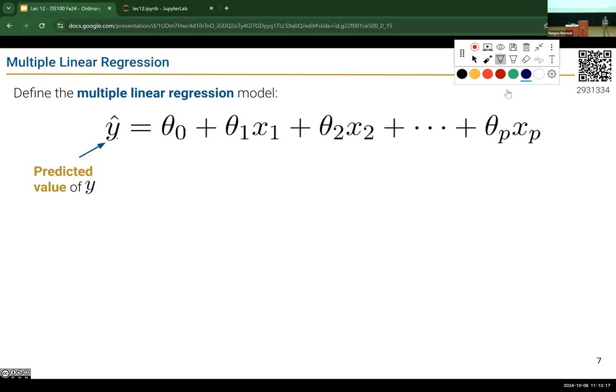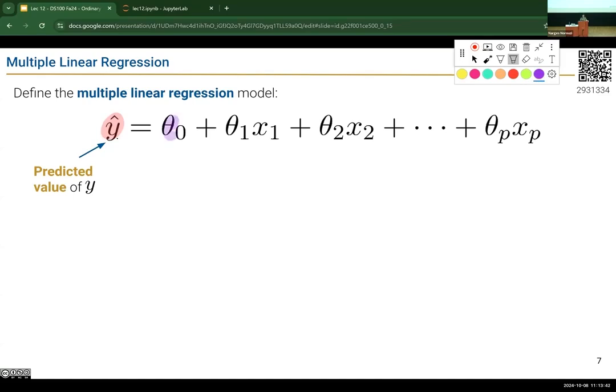What I described last time was that I have multiple different features that I want to combine using a specific set of weights. I want to calculate a weighted combination of the features in my data point so that I am able to make a prediction y hat on a single data point. So what are the parameters for this multiple linear regression model?